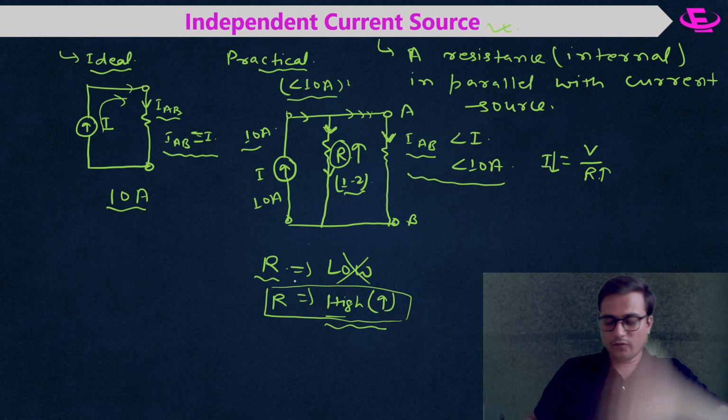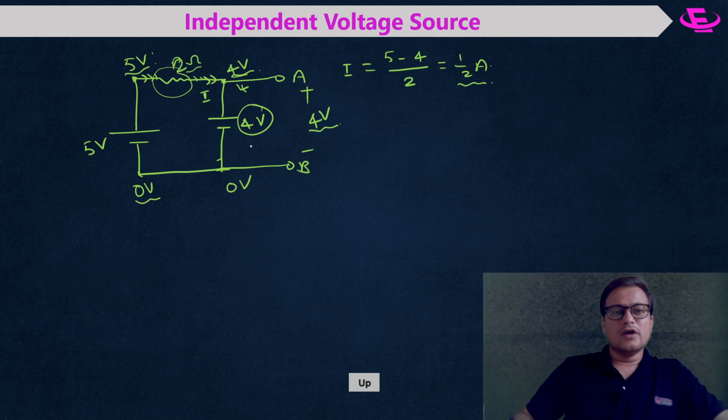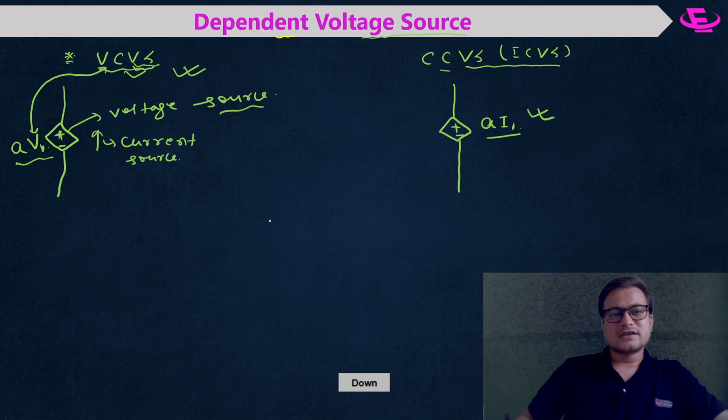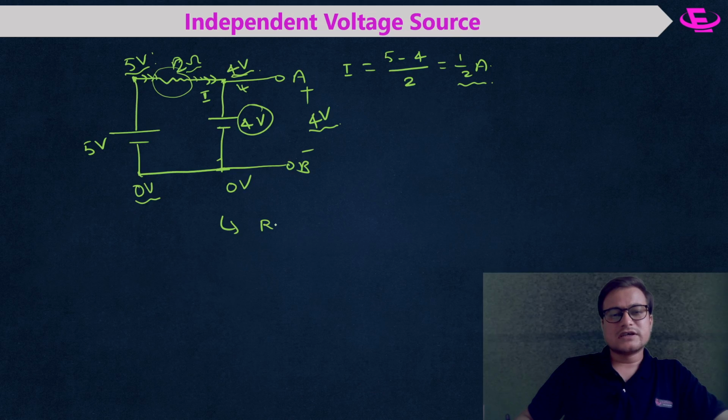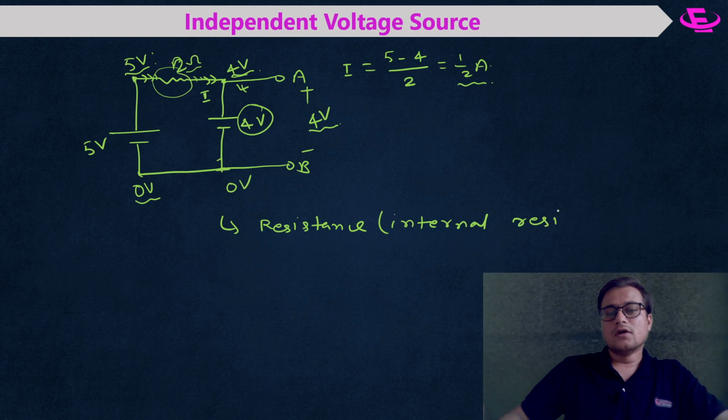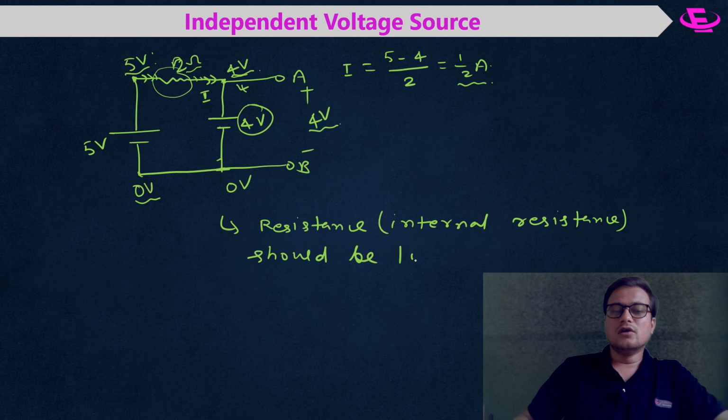Now in the case of an independent voltage source, the practical voltage source, what do you see? Its internal resistance should be low.